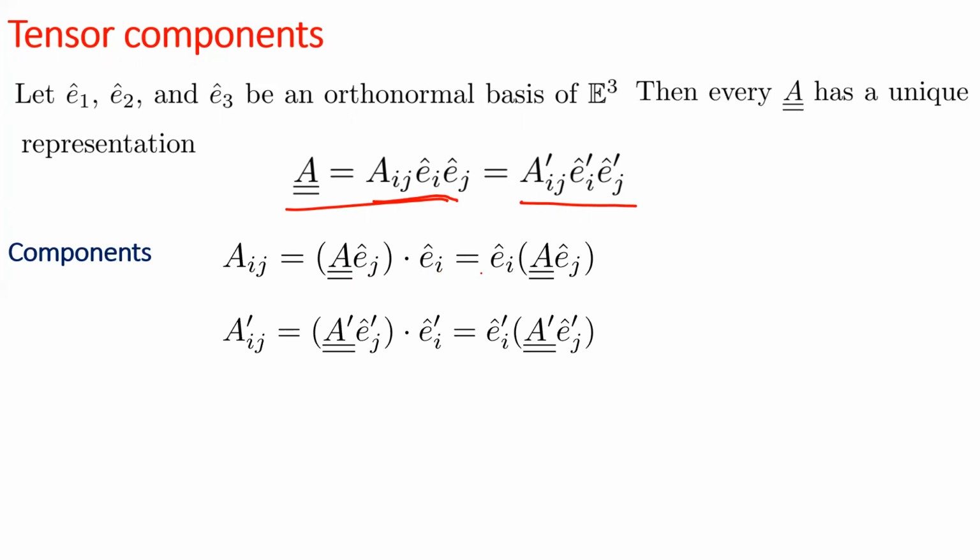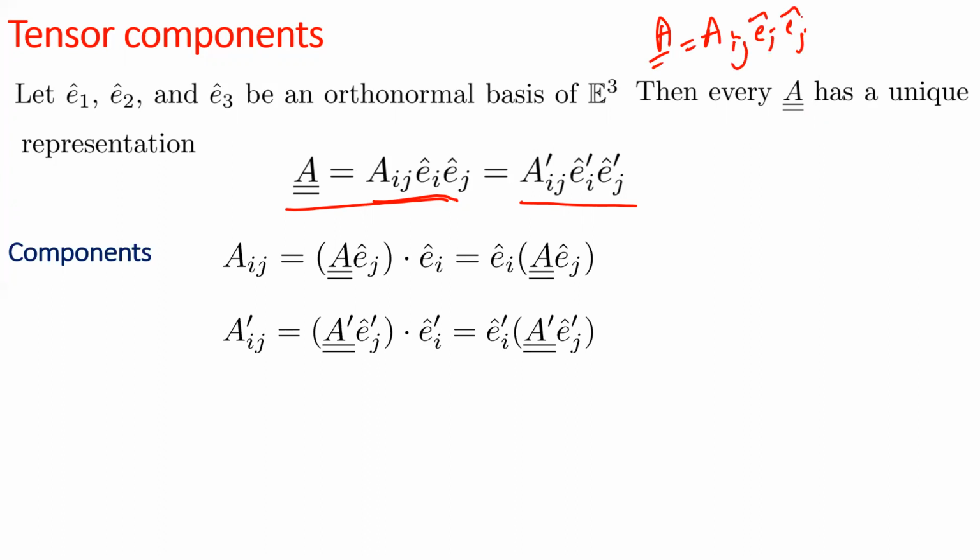Right. So let us quickly try to do it. See, we have A is Aij Ei Ej, right? Let me write it big. Let me erase this part. We have A is Aij Ei hat Ej hat.